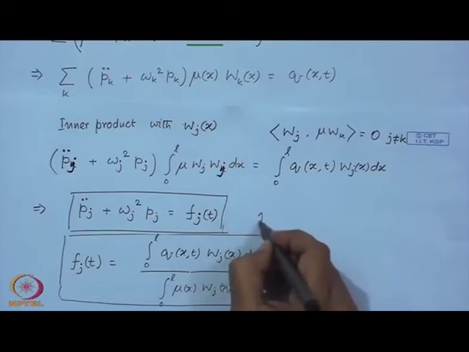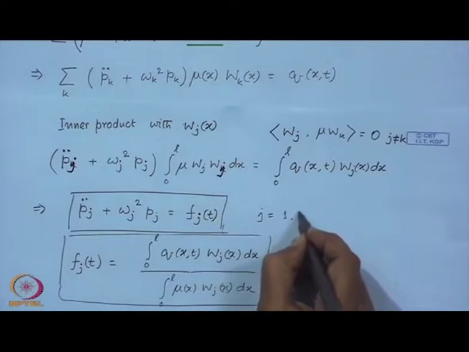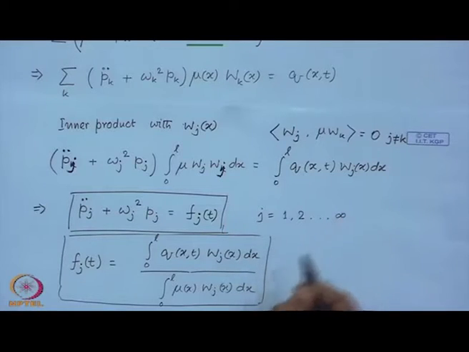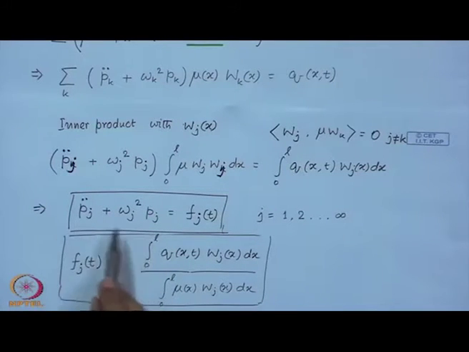And this I can take for different W j, and I can generate all these equations corresponding to the coordinates of the jth of the individual modes.